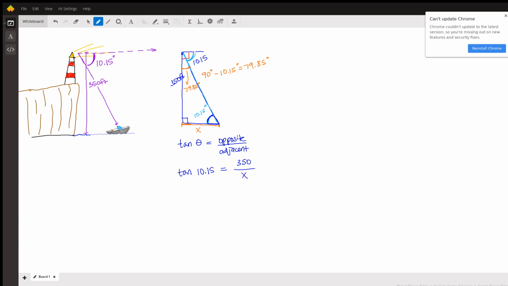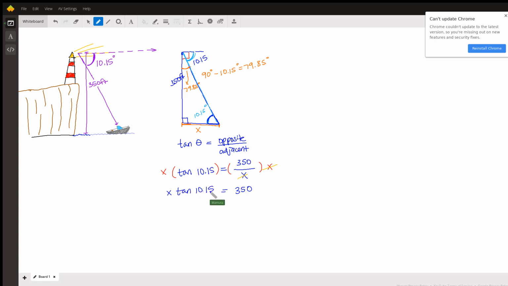So to solve for x, we're going to multiply both sides of the equation by x. So then these x's cancel out, and we're left with 350 feet on this side. And over here we have x tangent of 10.15.